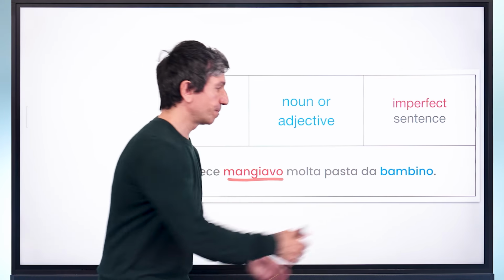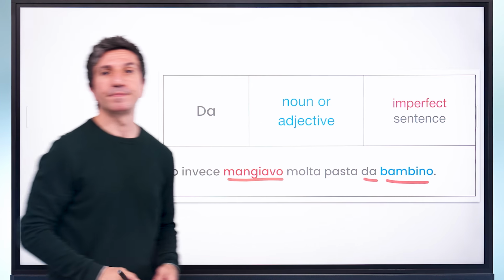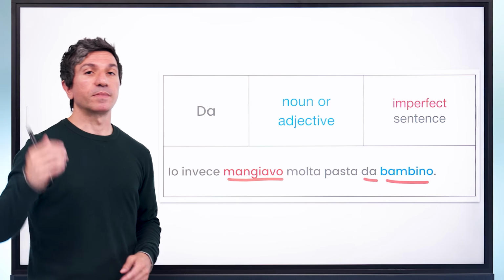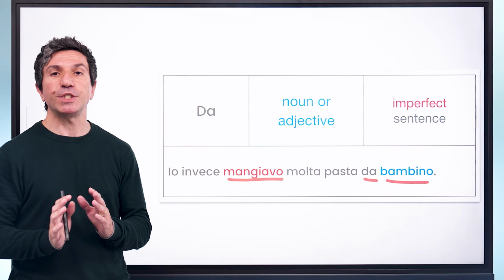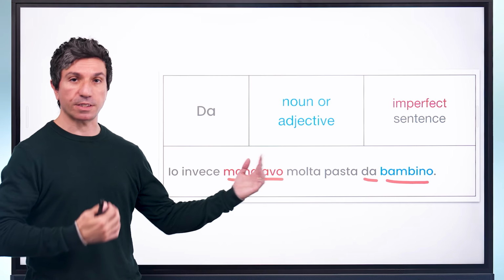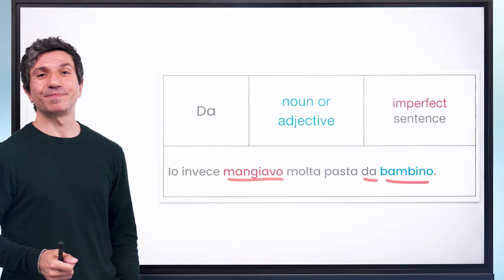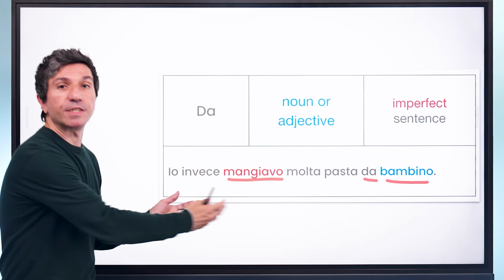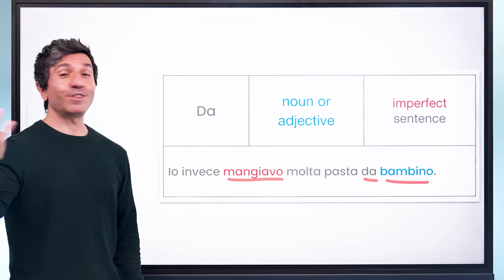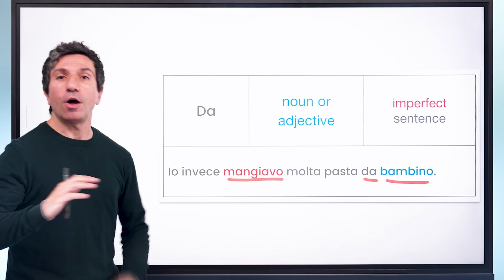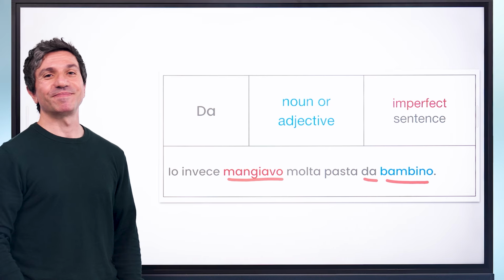Da bambino means as a child. Da is the preposition meaning as in this context, and bambino means child. So the full sentence means I, on the other hand, used to eat a lot of pasta as a child.